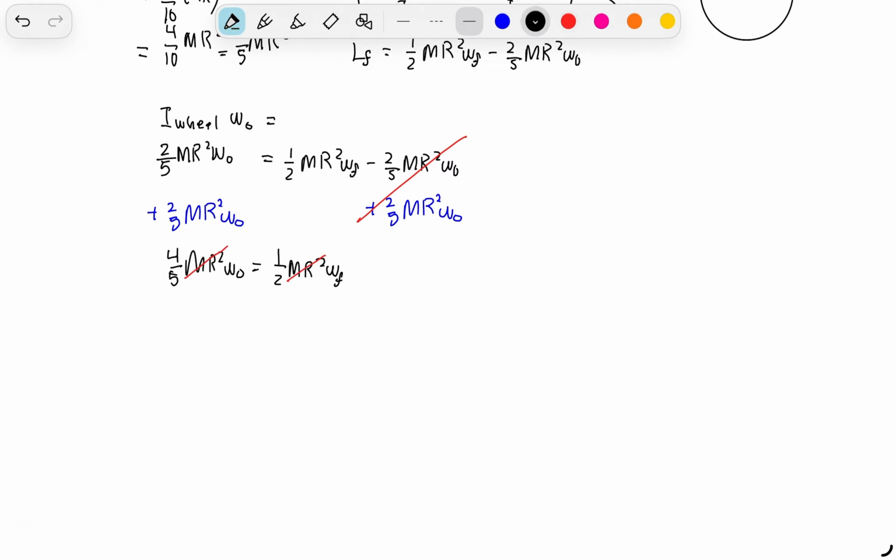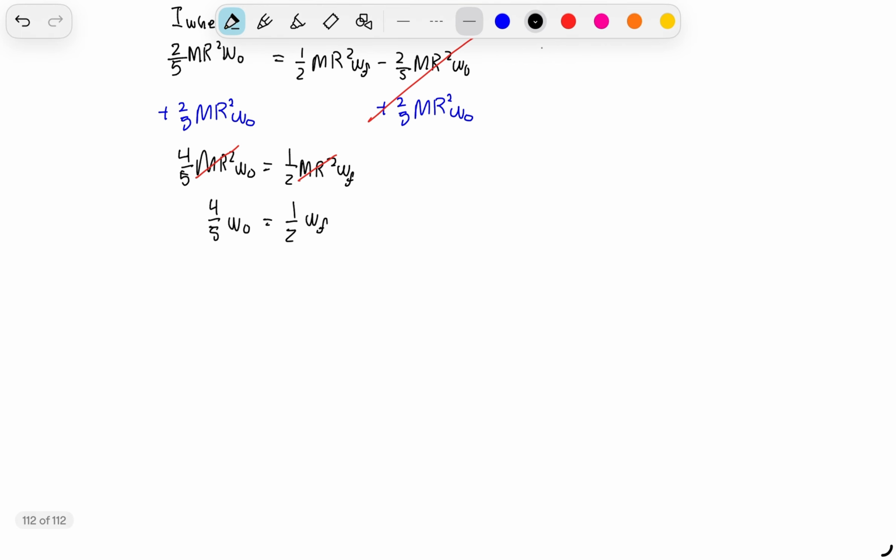We can cancel that out, and we're left with 4 over 5 omega initial is equal to 1/2 omega final. So what we want to do is solve for omega final. We need to isolate it, and we're going to multiply both sides by 2. So 2 times 4 is going to give you 8 over 5 omega initial. So omega final is equal to 8/5 of omega initial.